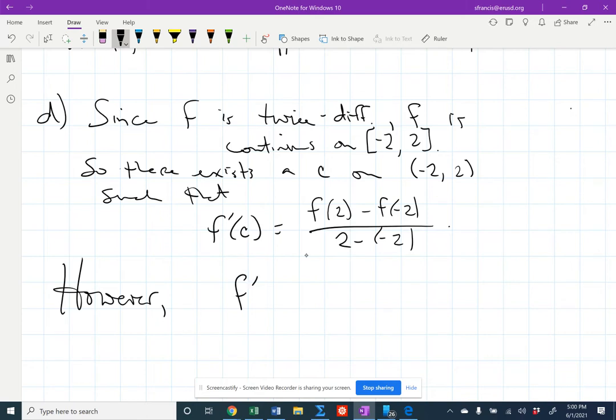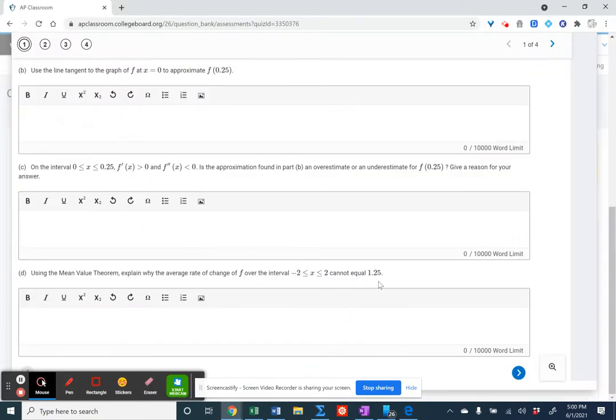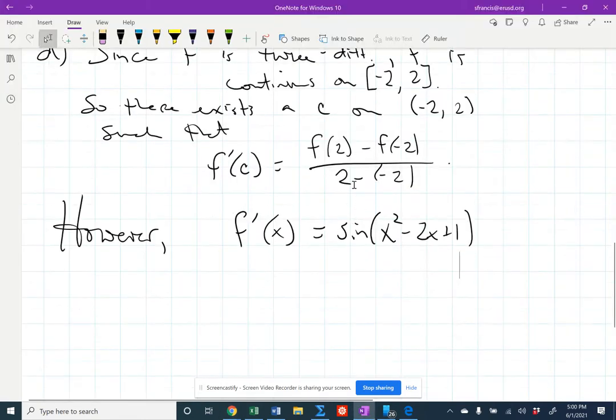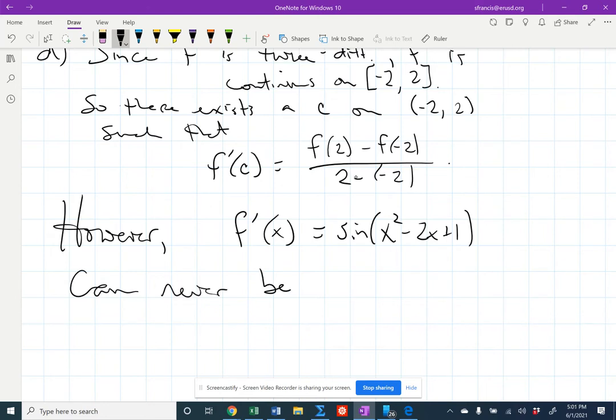notice that f prime of x is equal to the sine function, sine of x squared minus 2x plus 1. Okay? And we want to know, can this ever equal 1.25? No, because the sine function has a maximum of 1. However, this can never be 1.25, since sine has a max of 1.